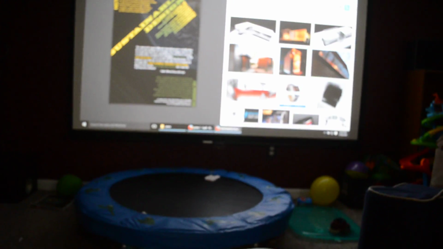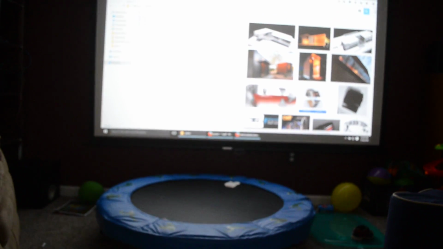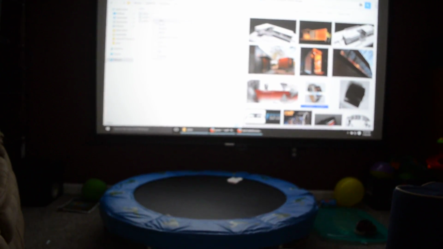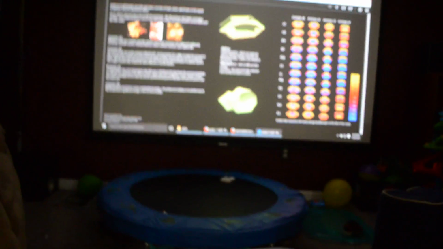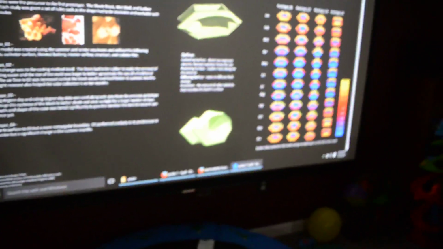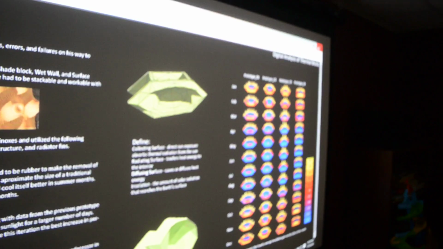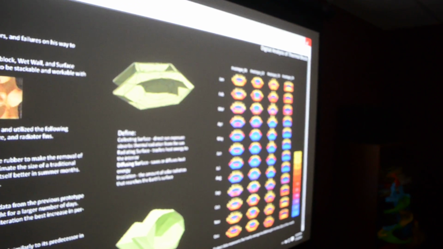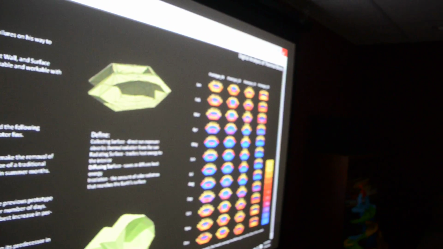The next slide, or poster rather, gets into the materiality specifically. Matthew Gindelsparger worked for Binary Design, and he did a significant amount of research into the masonry blocks that they would be using for the project.